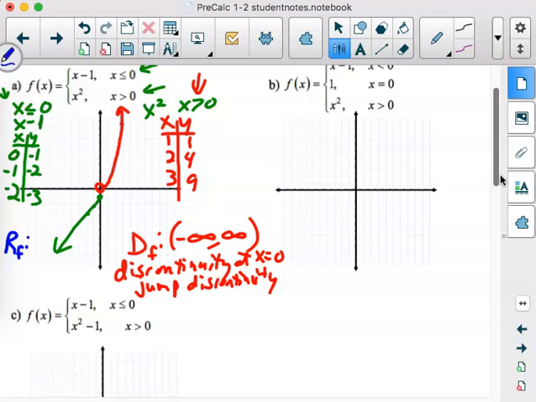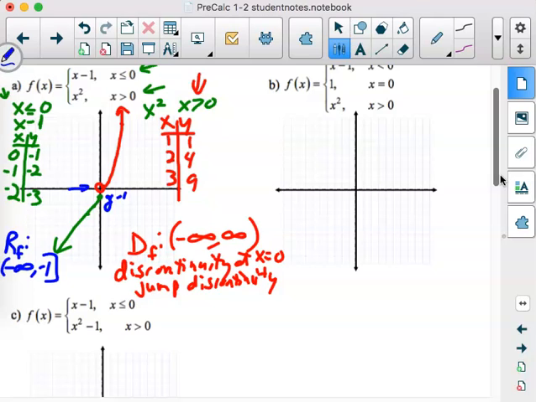So for the range, I see this is going to go down forever, but here where y is -1, there's a jump. So it's going to go from -infinity to -1. We can include -1. That 0, -1 was a part of our graph. But then it jumps up here to 0.